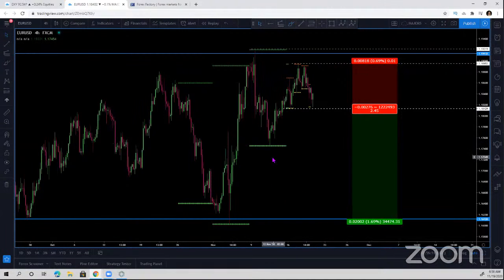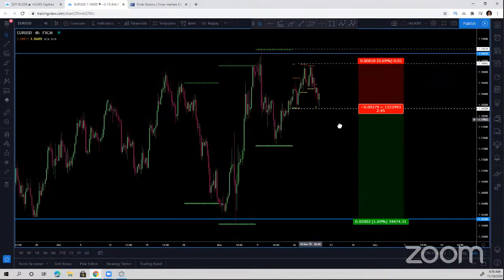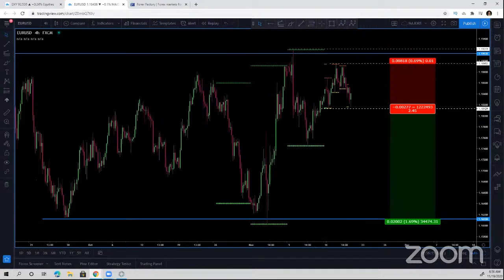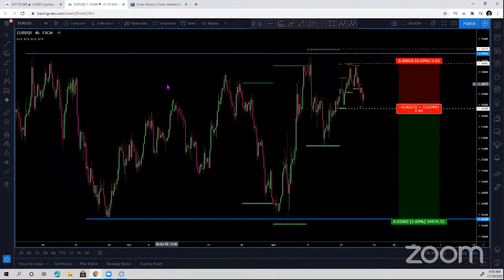If the US dollar breaks to the upside today, I'm more than happy to take this short to the bottom of the range for a short-term US dollar strength.